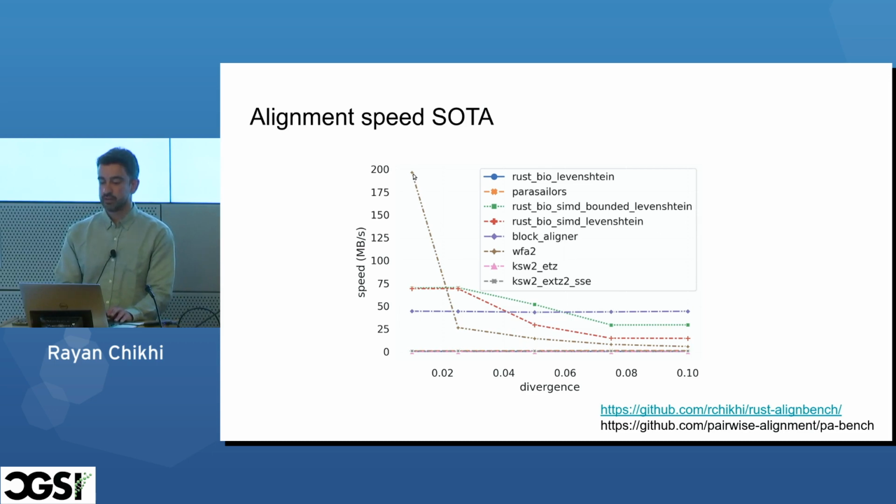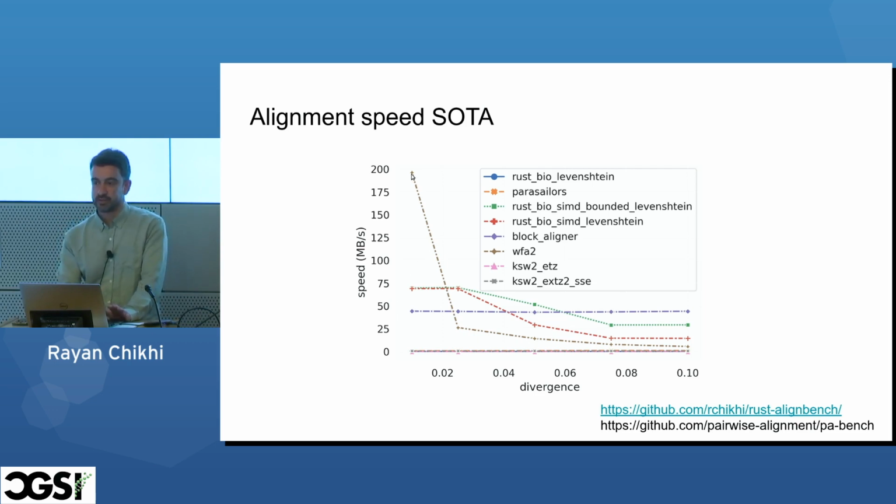And you can see that WFA is very fast when the sequences are close to identical. Here, it's 1% divergence. However, as soon as you increase the divergence, predictably, it becomes slow. The other tools that perform relatively consistently are variations of Smith-Waterman, which are highly optimized. So this informs the use of these algorithms. When you have, let's say, PacBio HiFi data, then WFA is very nice.